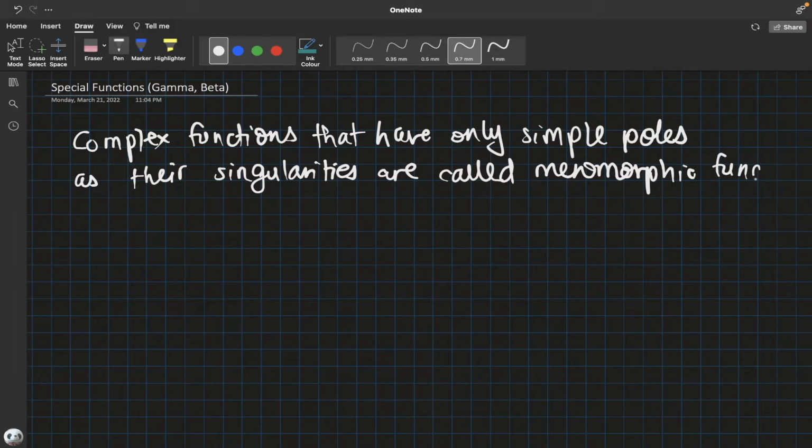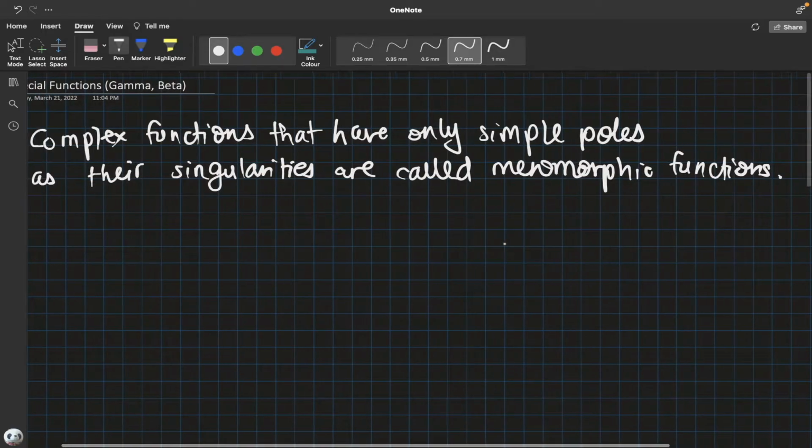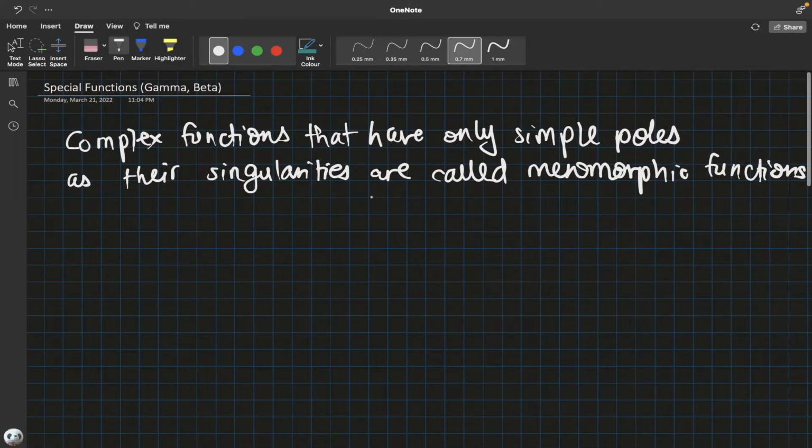There's too many morphic things, there's holomorphic stuff. These are called meromorphic. So the number of simple poles can be infinity, but they have to be simple.